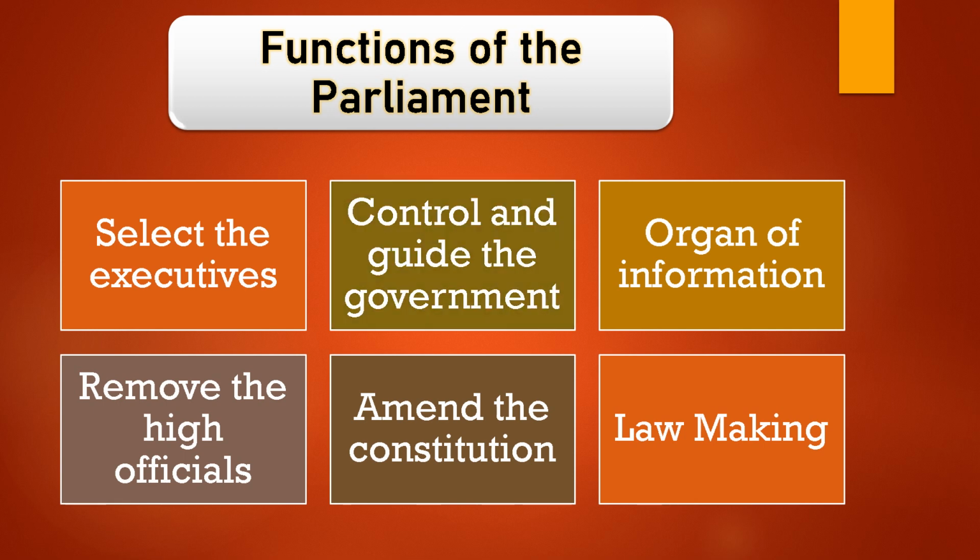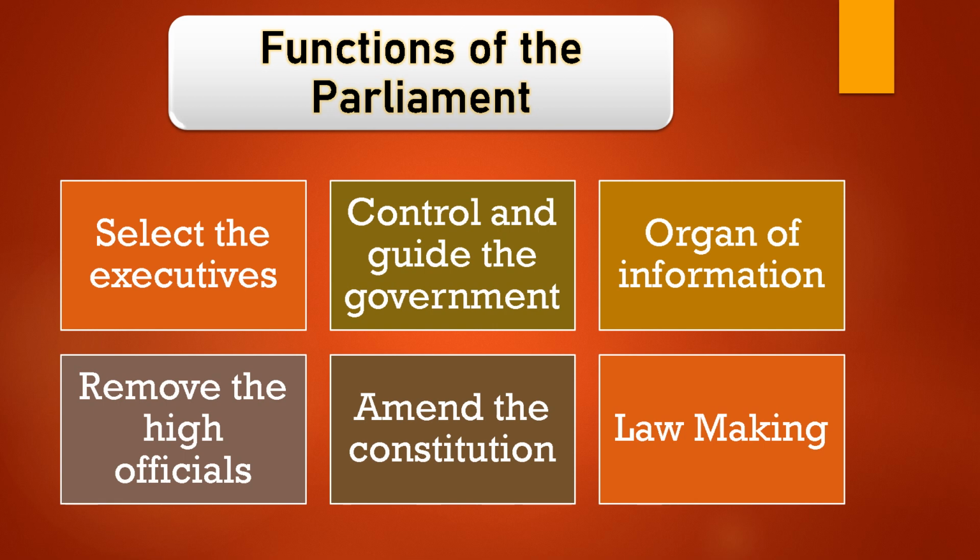The second is control and guide the government. As we all know, the parliament exercises control over the ministers and their work through various means such as questions. For this, the parliament, while in session, begins with a question hour. Through these questions, the members keep a check on the functioning of various departments.